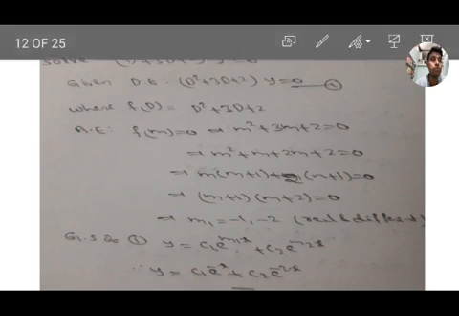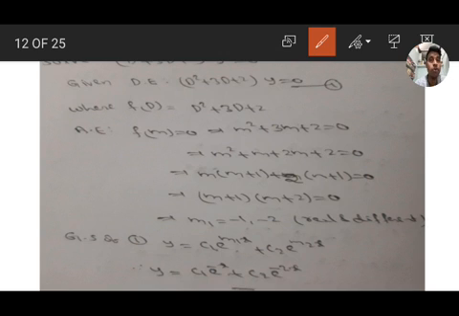Okay, next problem. Solve D square plus 3D plus 2 of y equal to 0. It is already in symbolic form. So the given differential equation is D square plus 3D plus 2 of y equal to 0, where f of D equal to D square plus 3D plus 2.